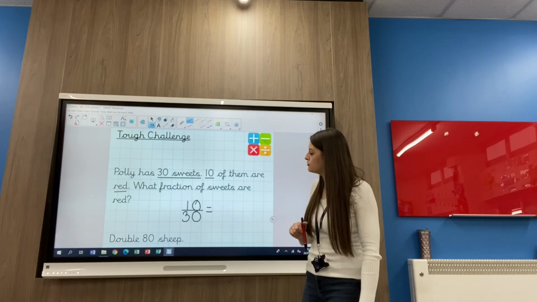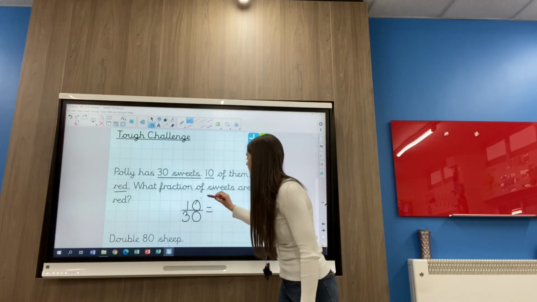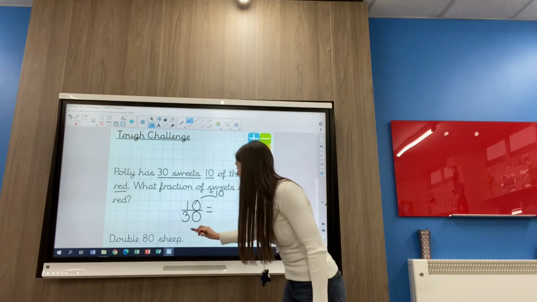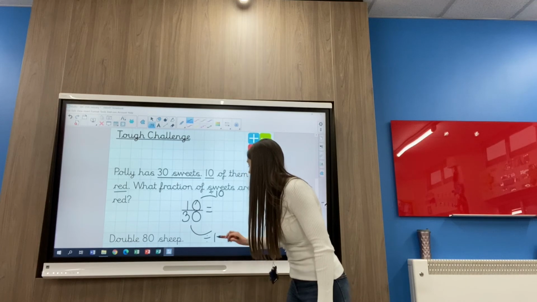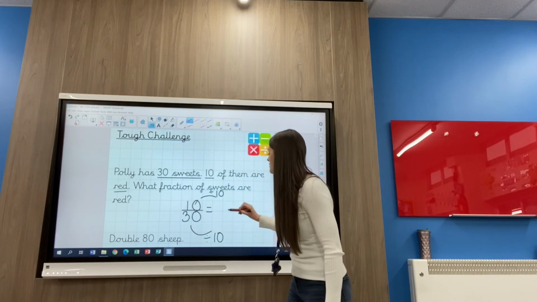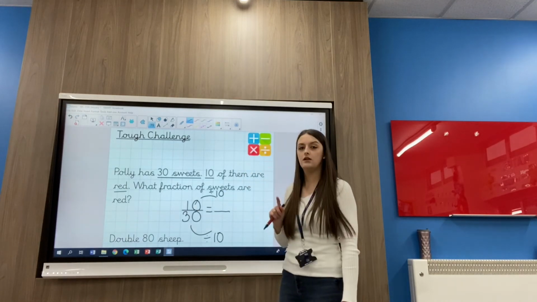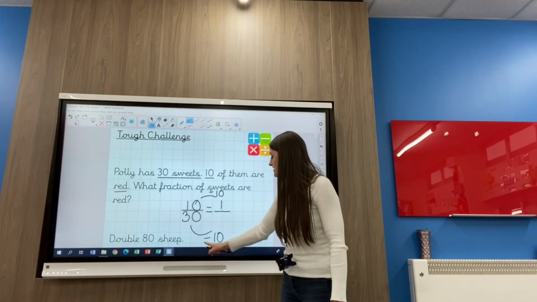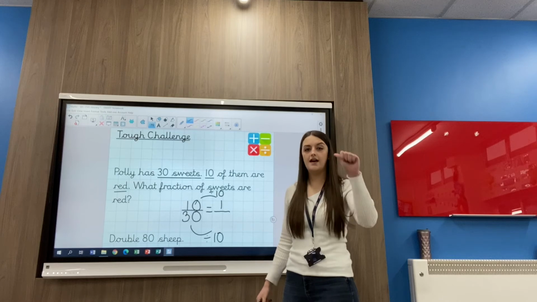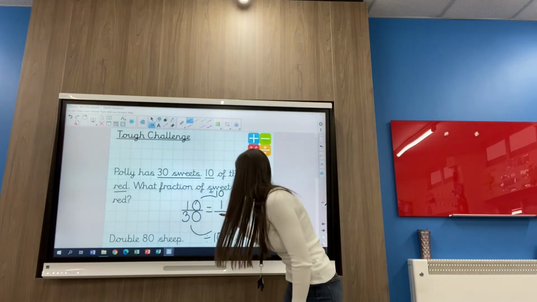So I'm looking at those two numbers, I know I can divide 10 by 10, and I can also divide 30 by 10, so I've got to treat them the same. So if I divide 10 by 10, I'm going to get 1, there's one lot of 10 in 10. And how many 10s go into 30? 10, 20, 30, that's 3.